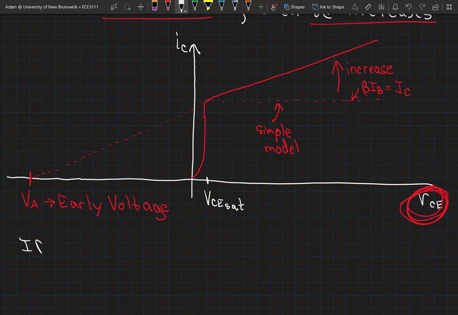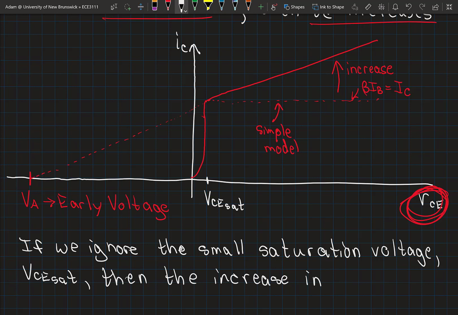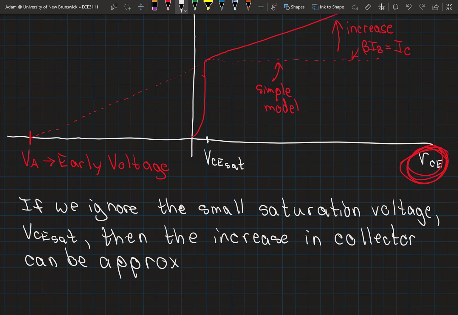Okay, so if we for a second ignore the small saturation voltage, which is VCE sat, then the increase in collector current can be approximated as follows.